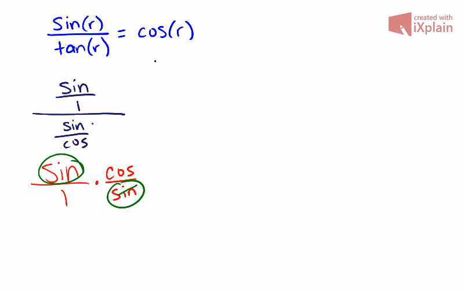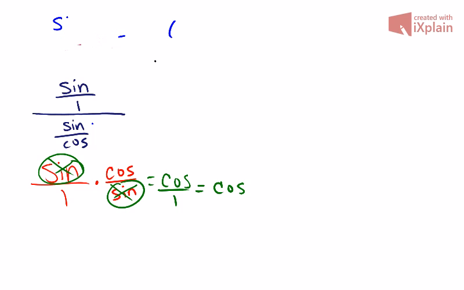Sines are the same on top and bottom, so I can cross those out. I'm left with cosine over 1, which is the exact same thing as cosine, which is what we needed. Okay? All right. Give me a quick second, and I'll get ready for the next problem.